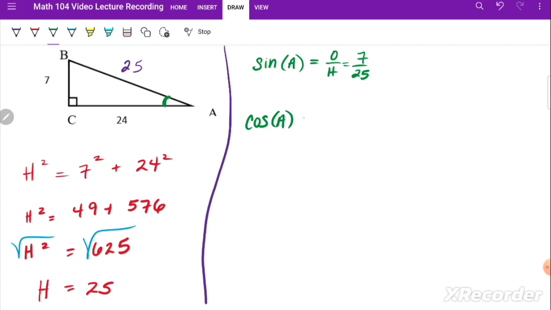Cosine of angle A is going to be the adjacent side divided by the hypotenuse. That's 24 over 25. And then tangent of angle A, that's our opposite side over our adjacent side. That'll be 7 over 24.